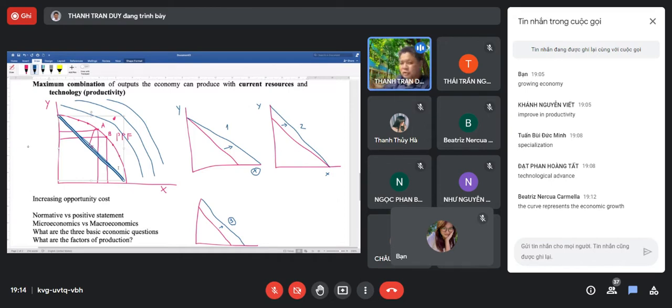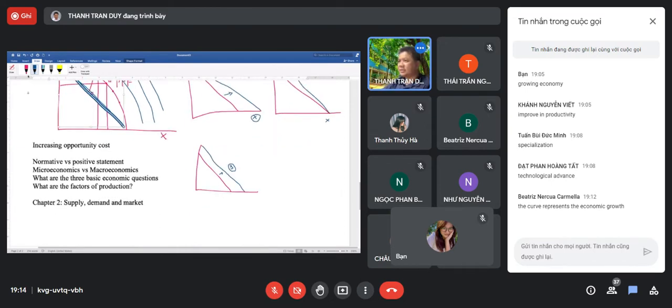But when we have a bow shape like this, think about this one.